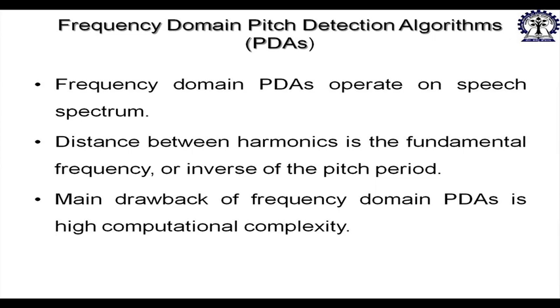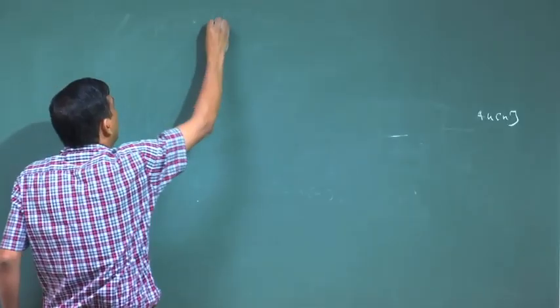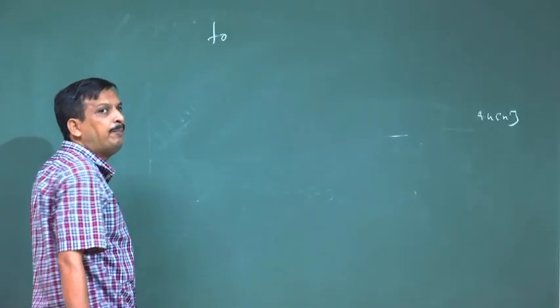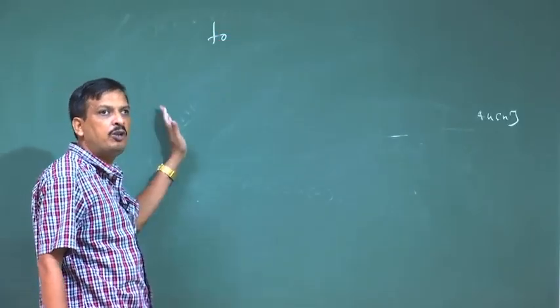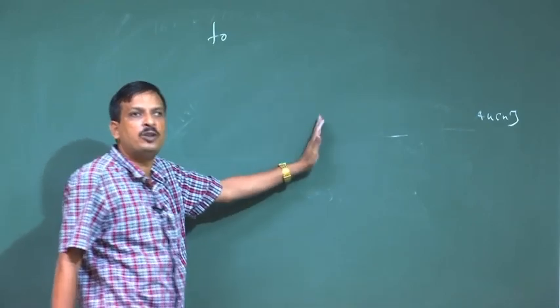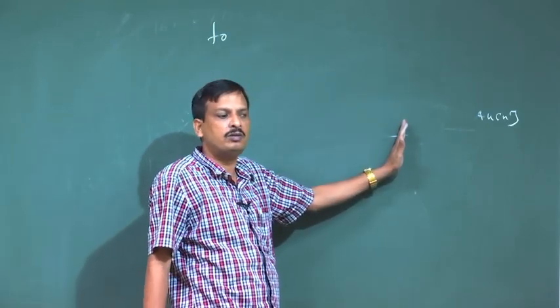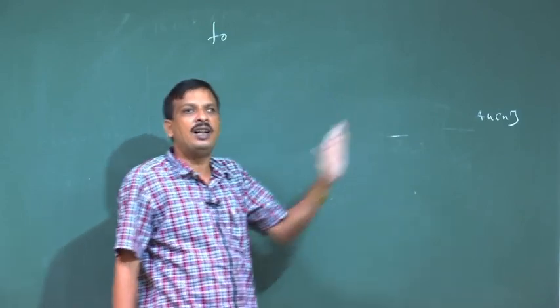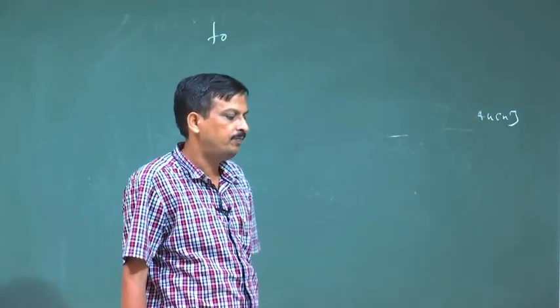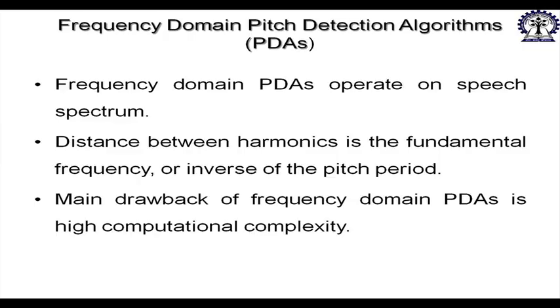If a signal consists of F0, then harmonics will be repeated at F0, twice F0, 3 F0, 4 F0. Okay. So from there I can calculate the F0. The main drawback of the frequency domain PDA is the high computational complexity. Transforming any signal to the frequency domain is computationally complex.